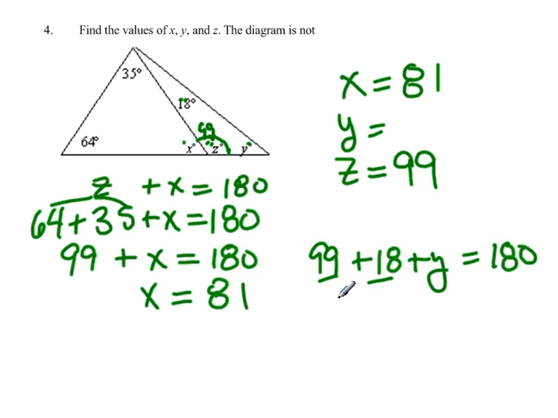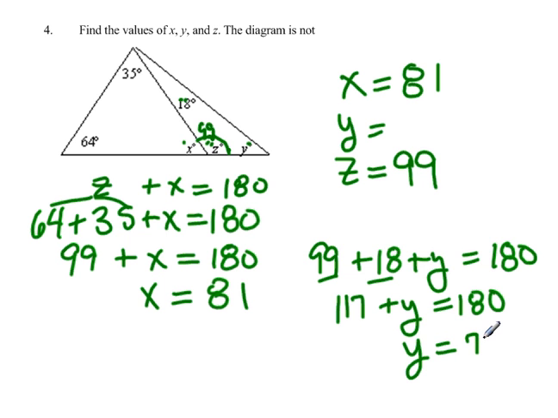So I have to add here and here, so that's 117. Moving it across. So y would equal, is that right? No. Wow, 63. Fix to do some bad math.